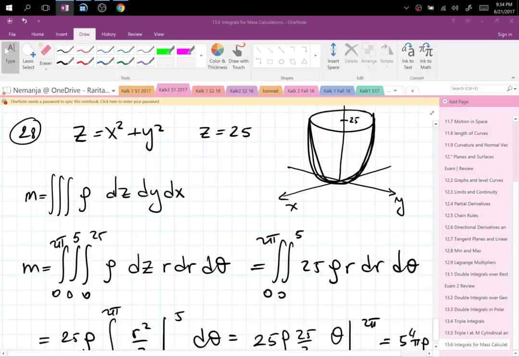So we are looking for an answer of 19.4, let's say, just to throw out a number.